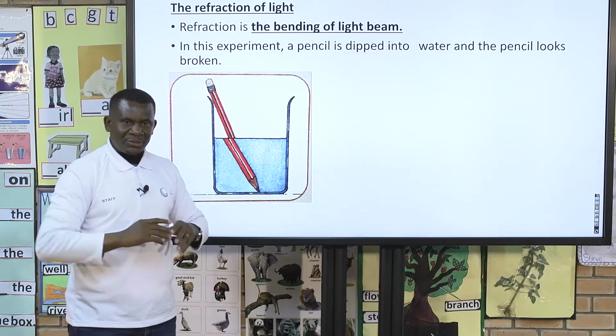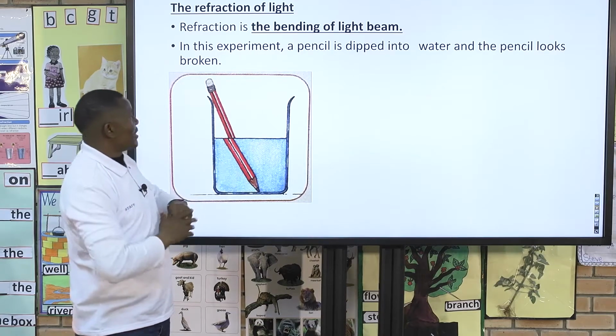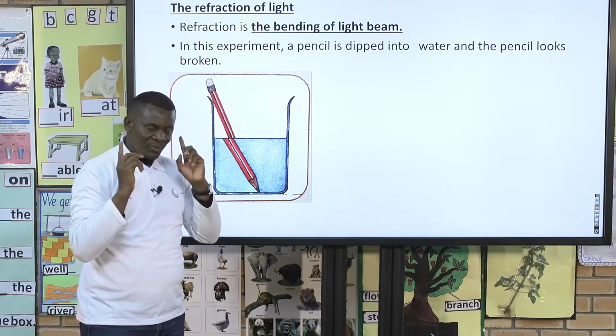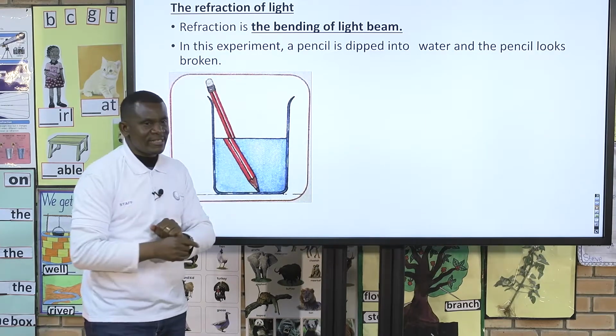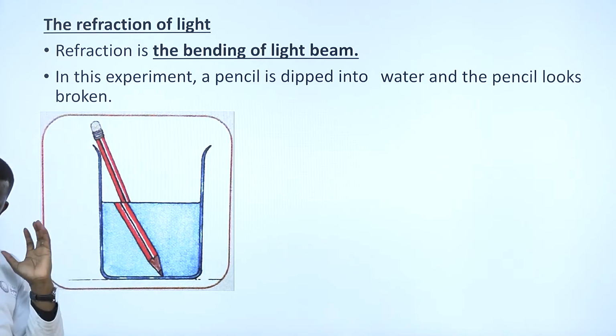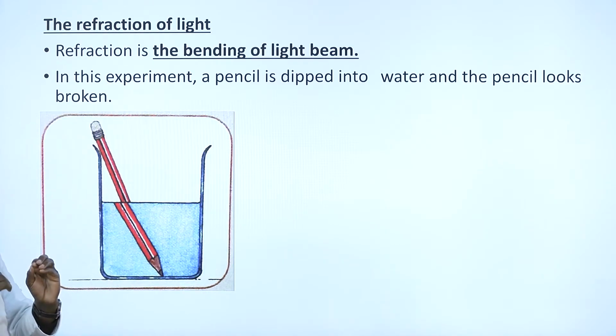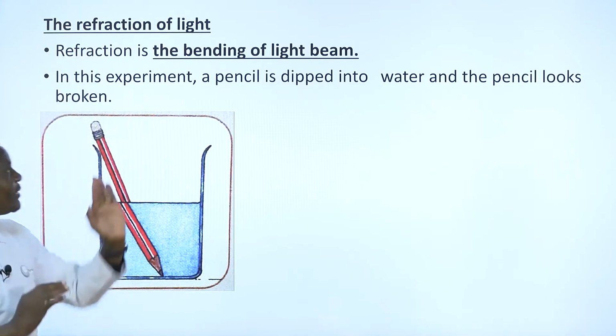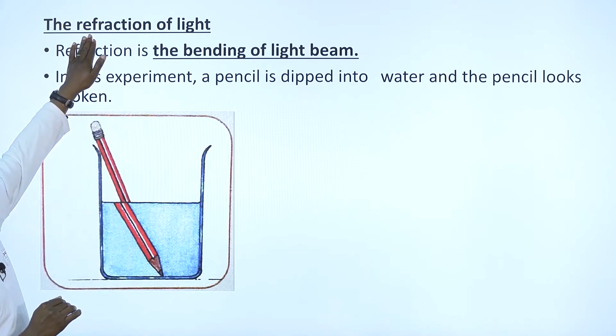I'm going to introduce one more word that we use when we are talking about light. We said deflection is the bouncing back of light. Now, we are going to talk about refraction. Boys and girls, can you observe?